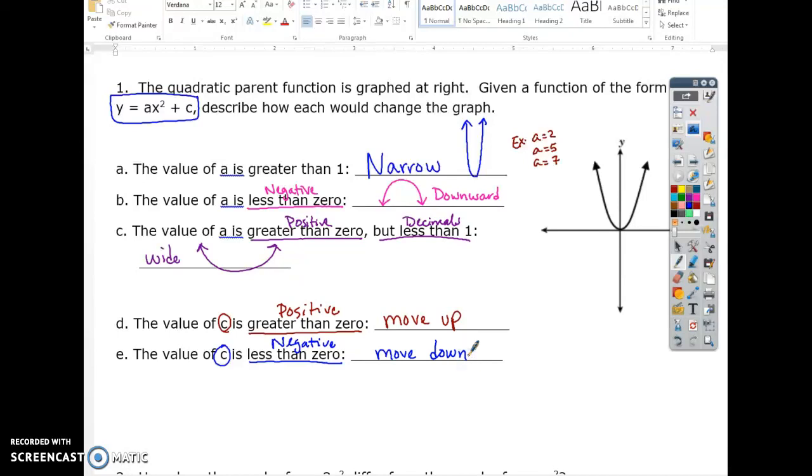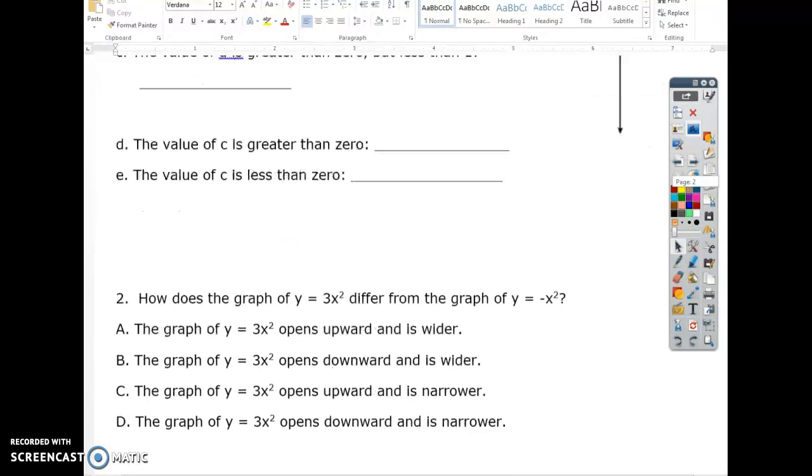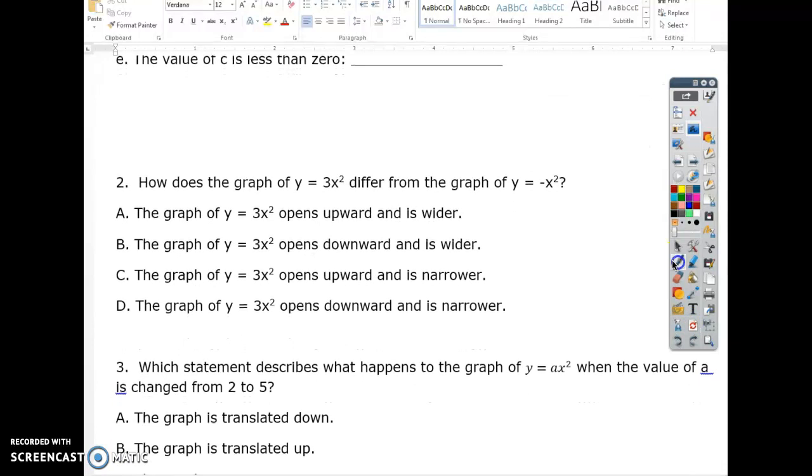So I want you to use those notes to answer questions 2, 3, and 5. But you can also put the equations in y equals, like this one and this one. Put them in y equals, trace, and see how they differ.